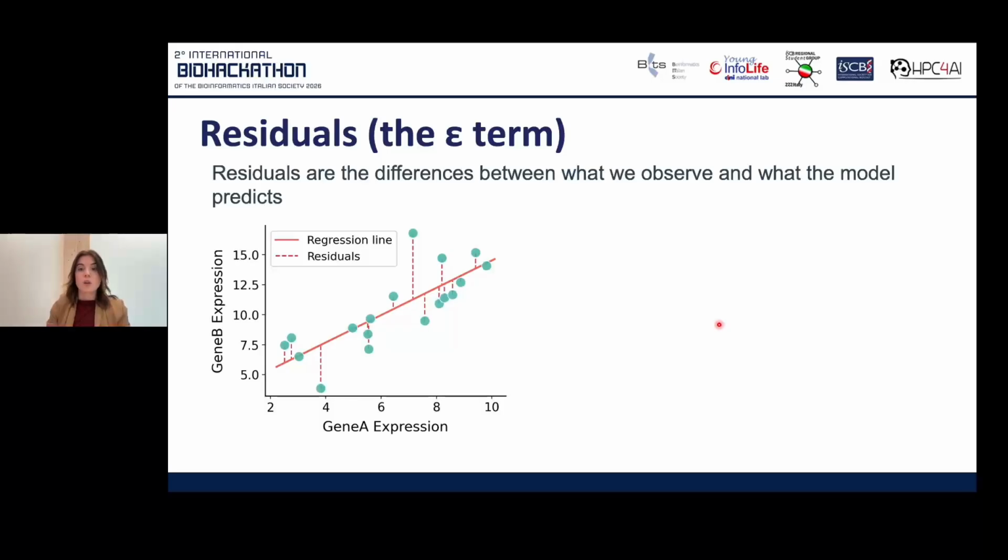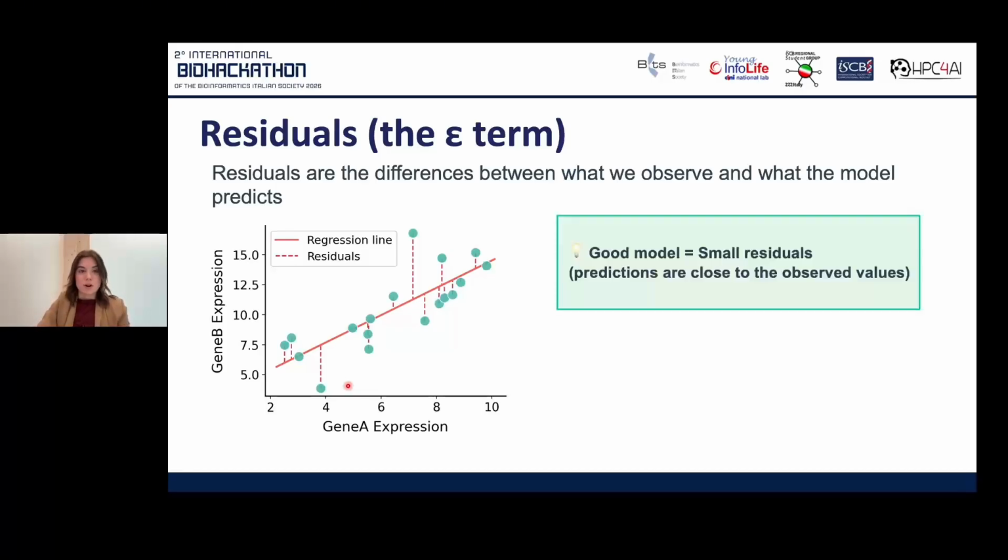That is why we introduce the concept of residuals. So for each data point, the residual is just the gap between what the model predicted and what was actually measured. So the smaller those gaps, the better our model fits the data, of course.